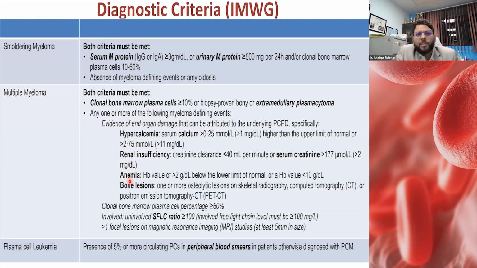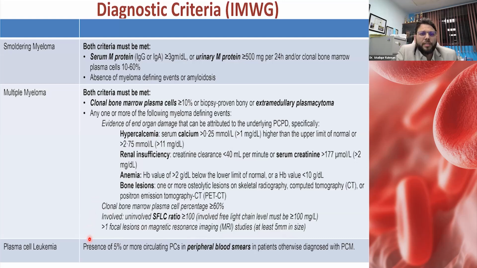Or in absence of this end organ damage, he or she can have clonal bone marrow plasma cells more than 60%, involved to uninvolved SFLC ratio of more than 100, or more than one focal lesion on MR imaging, at least 5 millimeter or more. So out of these 7, he should have at least one along with clonal proliferation of plasma cells.